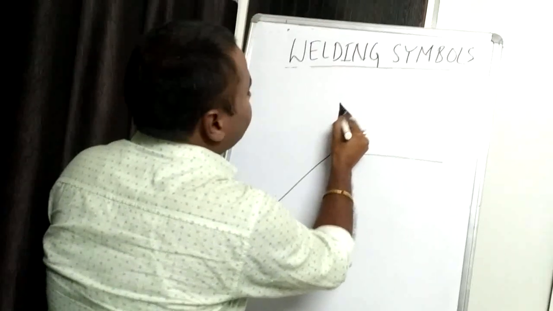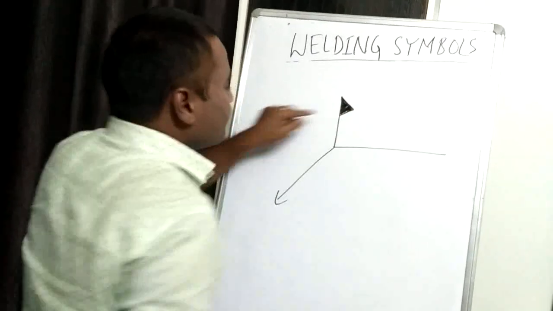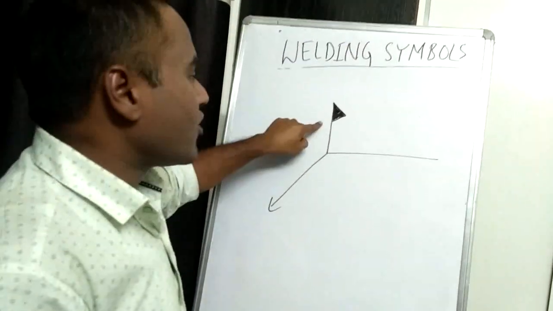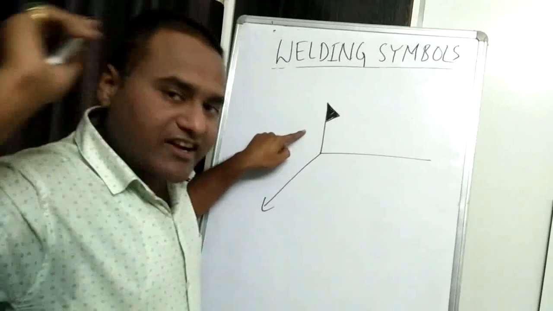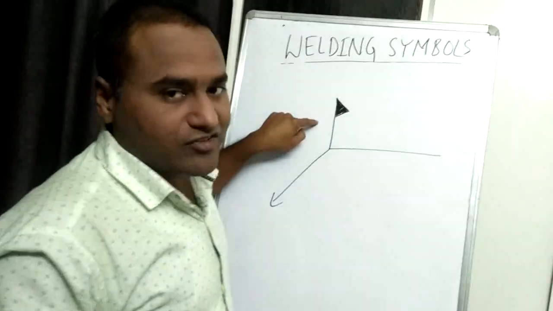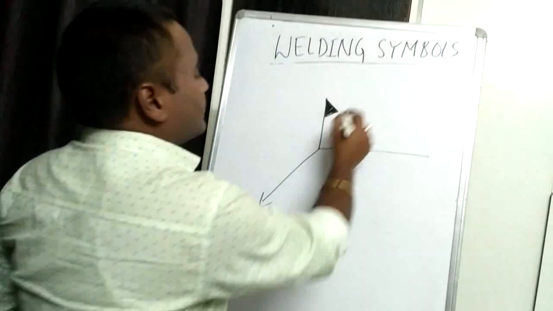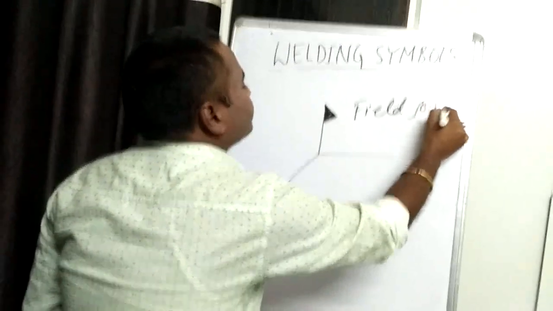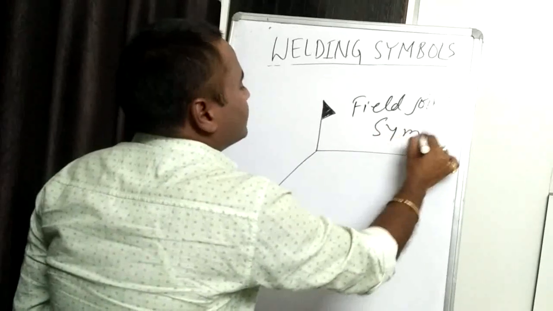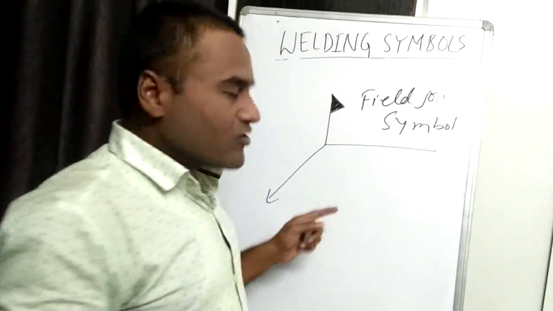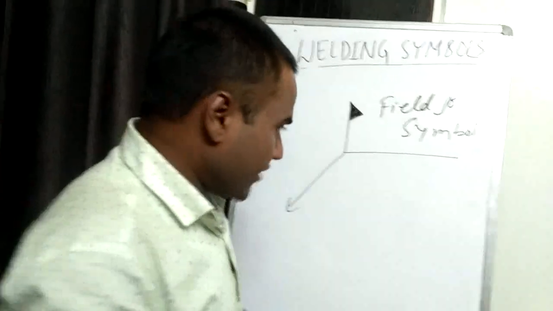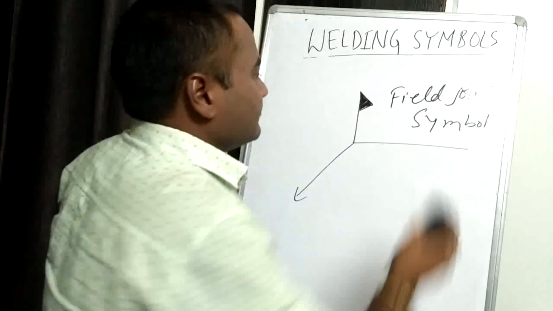So this symbol represents that this welding has to be carried out at the site, not in the fabrication shop. This is the field joint symbol. So weld all round and field joint symbols are very common in the drawings. That's why I explained them.